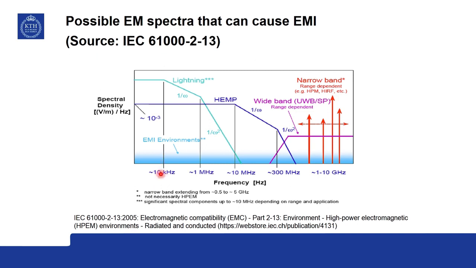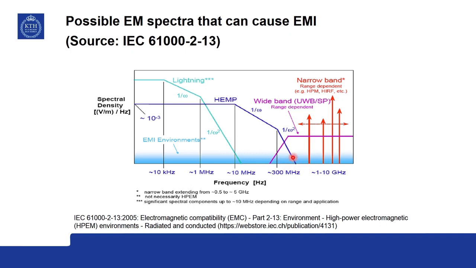So, at 10 kilohertz we are in the power line harmonics; 50 hertz harmonics are somewhere here. Then switching transients may be somewhere over here, and lightning has very high energy at low frequencies, so it is over here. High power electromagnetic pulse from nuclear explosions has a much wider bandwidth, up to 300-400 megahertz.